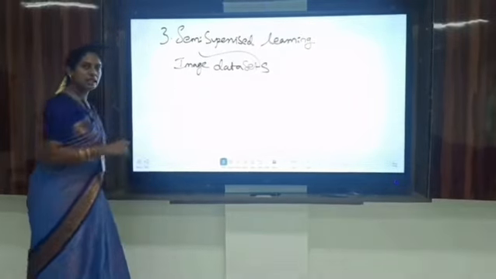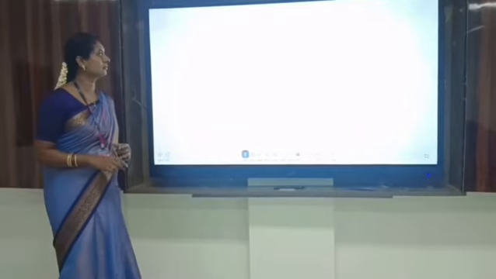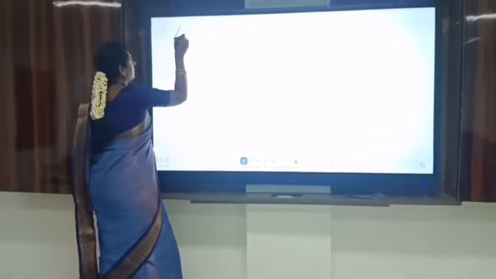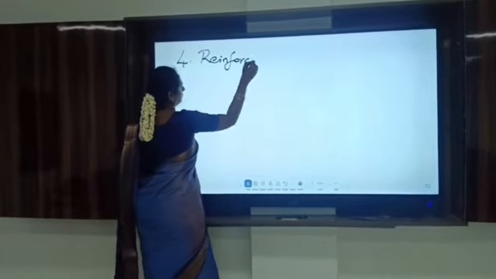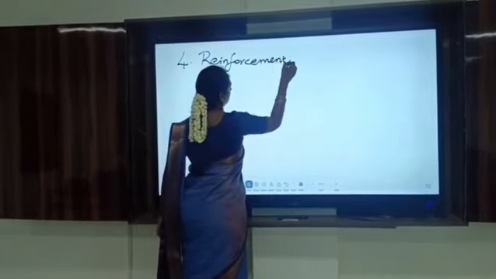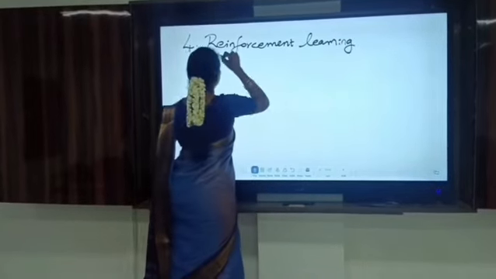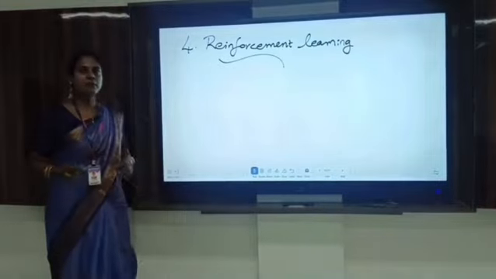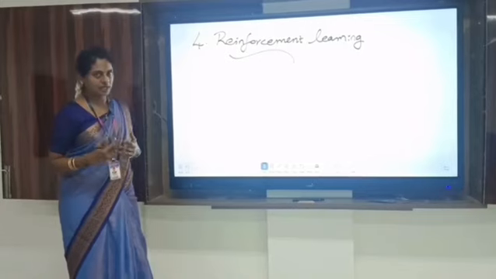Then we are going to see reinforcement learning. Fourth type of learning is reinforcement learning. It is one of the machine learning types. It uses a feedback-based environment. The learning is based on the feedback to the agents.